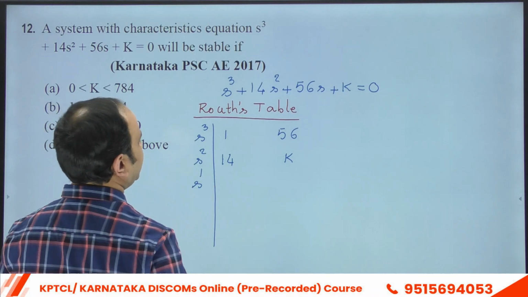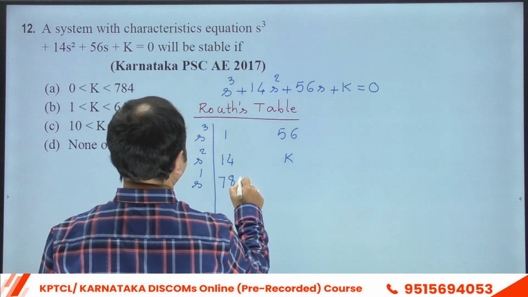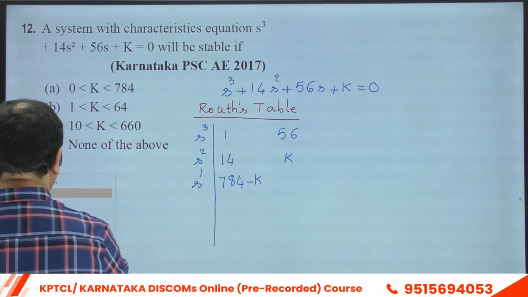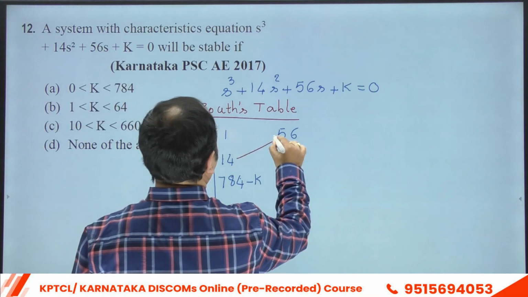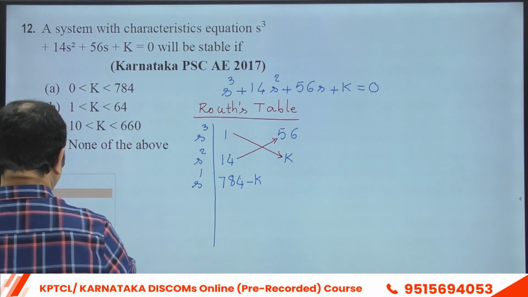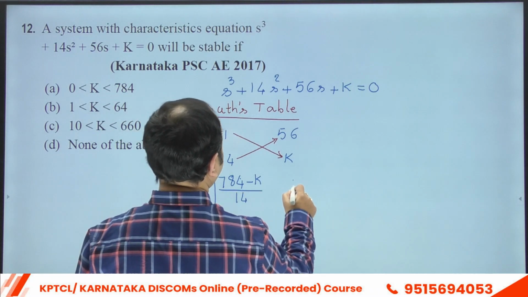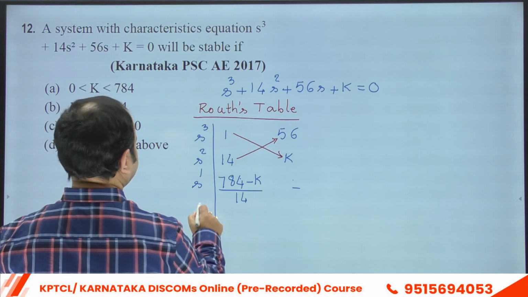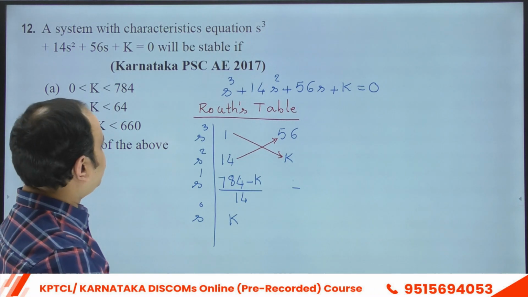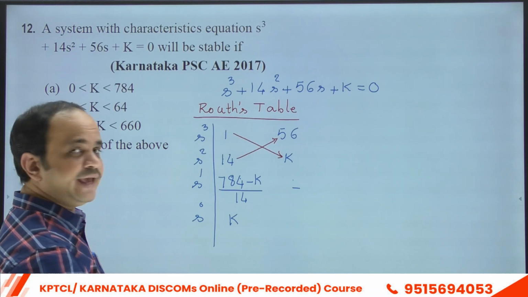Next, S power 1. How to find the S power 1 element? 14 into 56 is 784, minus k. How do we find this element? You need to multiply these numbers, and the denominator is 14, and here this element is not there. Next, for the S power 0 element, you can bring this k here. Therefore, what is the condition for stability? All the first column elements should have the same sign.